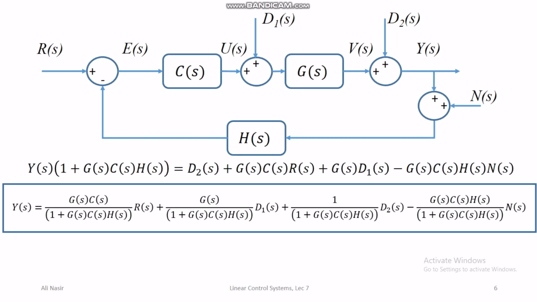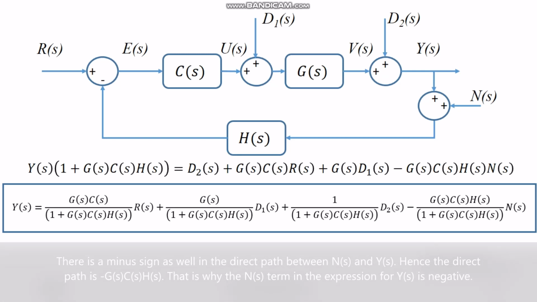Similarly, n of s has direct path g of s, c of s and h of s, because you have to follow the arrows of the block diagram. If you start from n of s, you go through h of s, c of s and g of s, and finally you reach y of s.